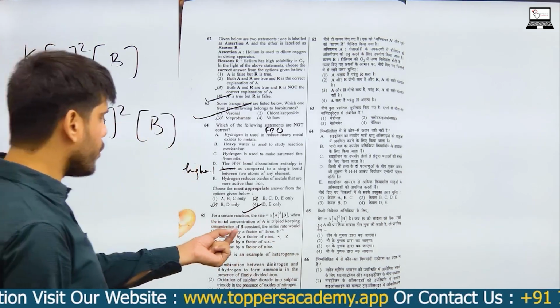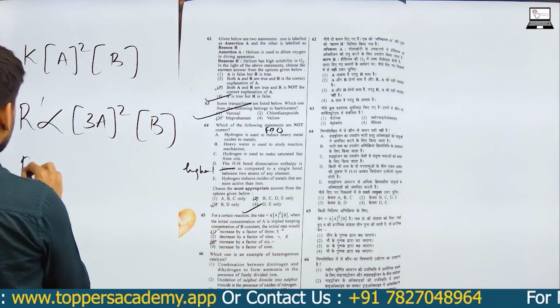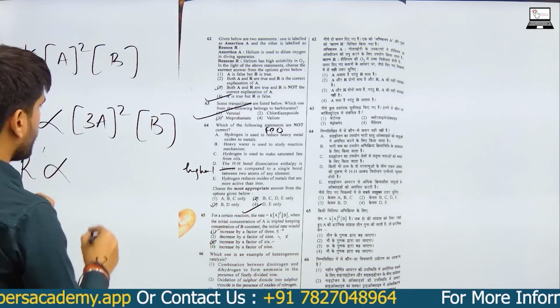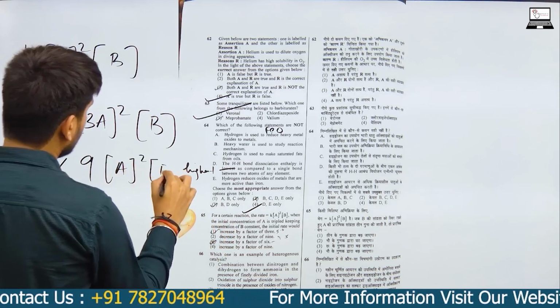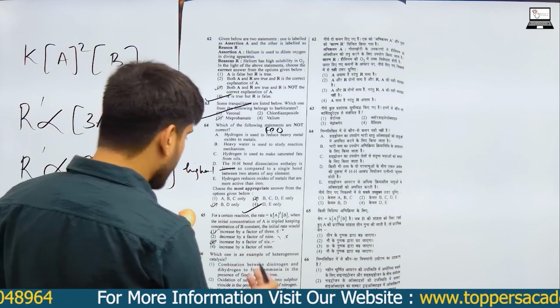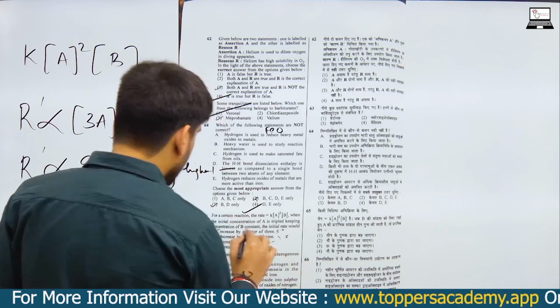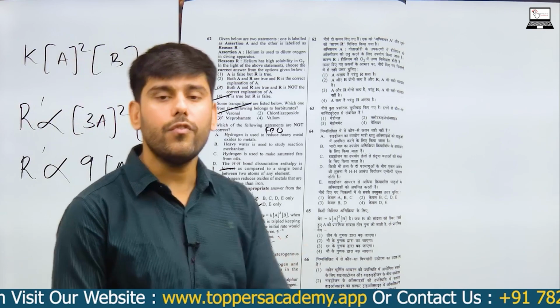That means the concentration of B is constant and A becomes 3 times. So R' is directly proportional to 9 times [A]^2 [B]. So it becomes 9 times the initial rate. So it increases by a factor of 9. So D is the right answer. Fourth is the right answer. Increase by a factor of 9.